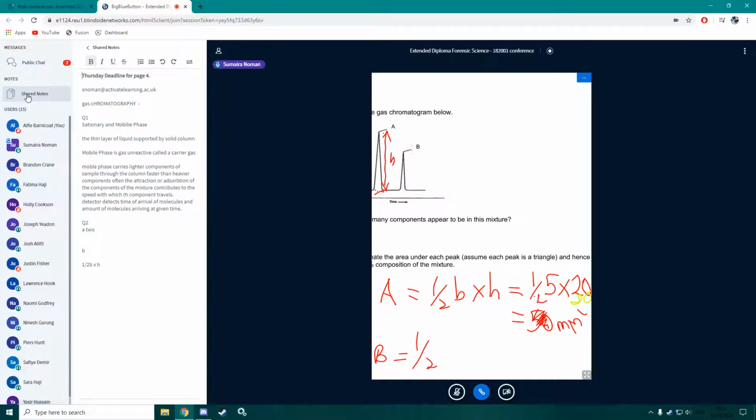Oh, I've done it wrong. Right, okay. 2.5 times 38 equals 95. That would be for A. And then for B, we've got base 3 times a height of 25.